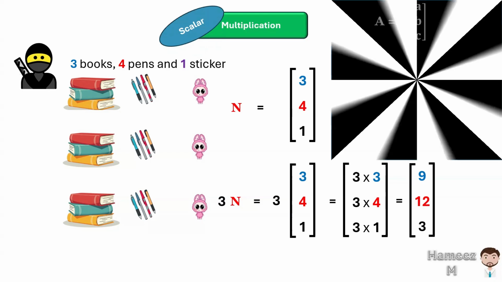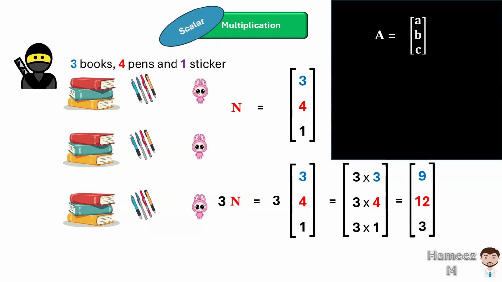So if we have some matrix A, B, C, or A, B, C, D, E, or so forth, and we're multiplying by a constant, K is represented as a constant, K times A, B, C. So it will be KA, 3 by 3, KB, 3 by 4, KC, 3 by 1.